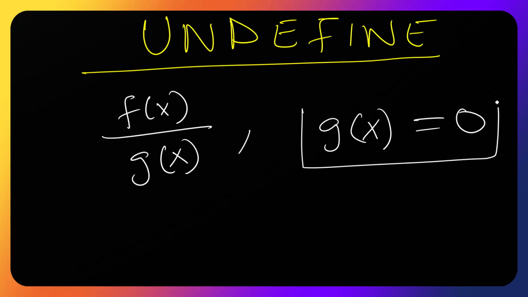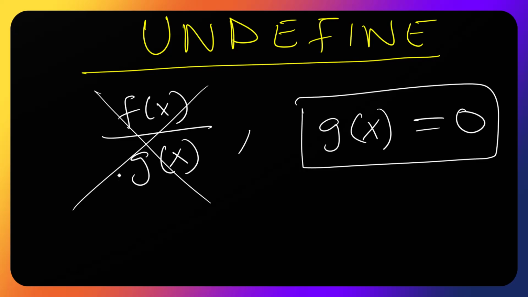So if this one is equal to 0, the expression here will be undefined. That's the meaning. All right, so we are going to look at the values of x that will make the expression here undefined.